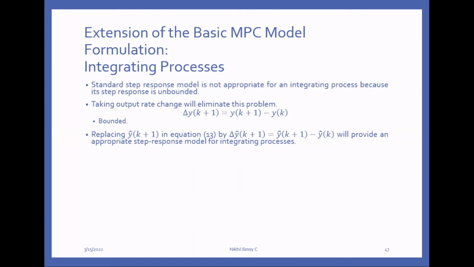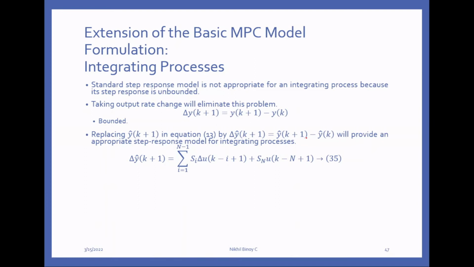It is equal to y cap of k plus 1 minus y cap of k. So we can write delta y cap of k plus 1 equal to sigma i equal to 1 to n minus 1 of S_i into delta u of k minus i plus 1, plus S_n into u of k minus n plus 1. Now we can replace this delta y cap of k plus 1 with this term.